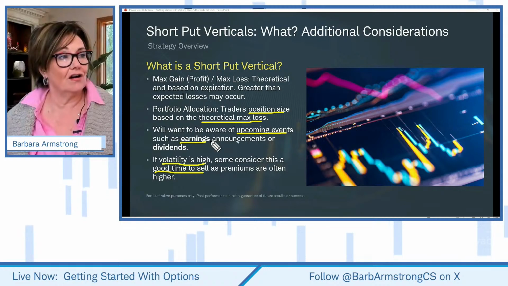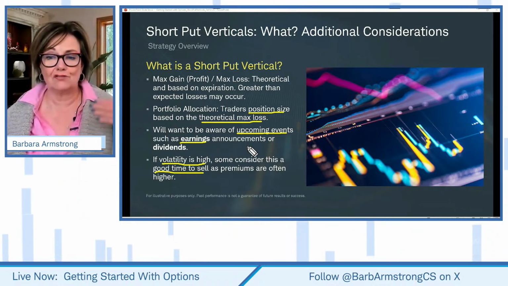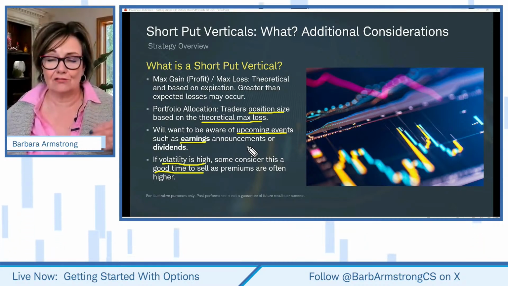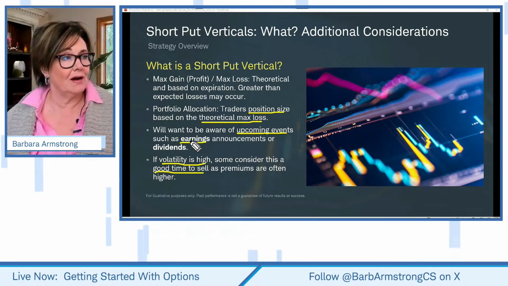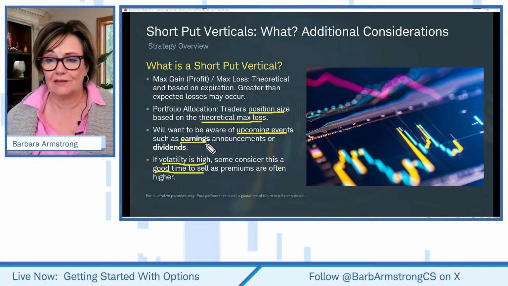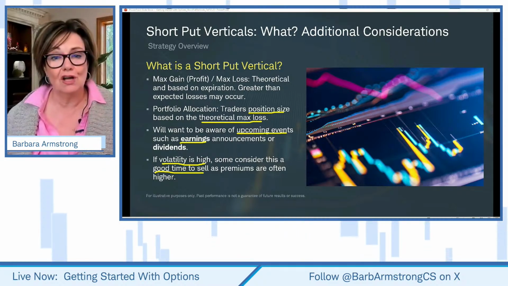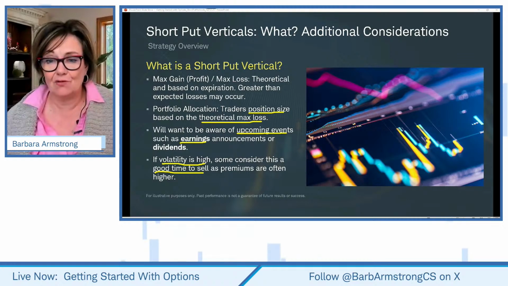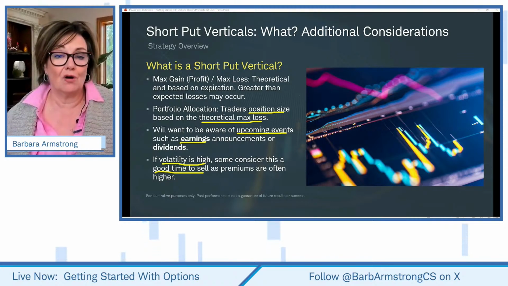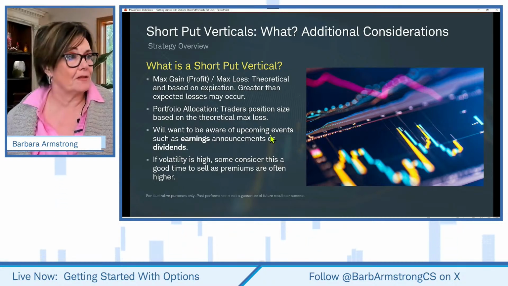But one of our guidelines, if you're using it as an ongoing wash, rinse, repeat growth strategy or an income generating strategy, you might have a rule saying we don't trade this over earnings. You can go either way, and there's no one right or wrong answer. This would be your trading plan, and you have to decide what components you want in it.